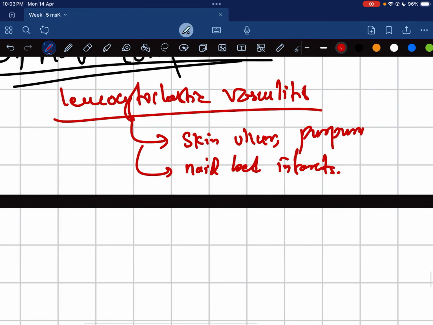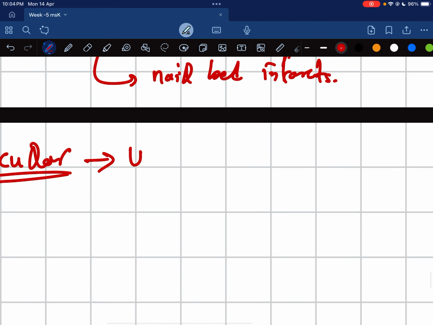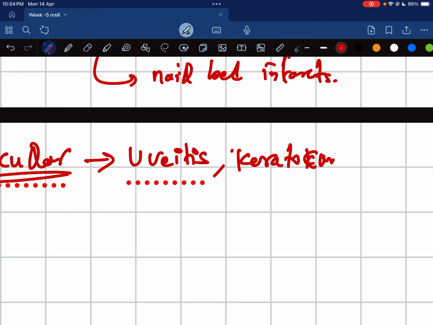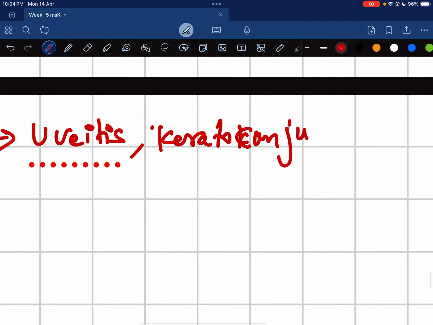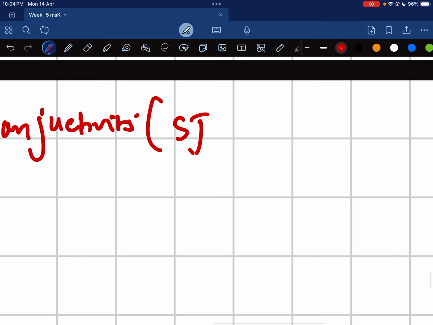Another is ocular involvement, with uveitis, keratoconjunctivitis, like Sjogren.